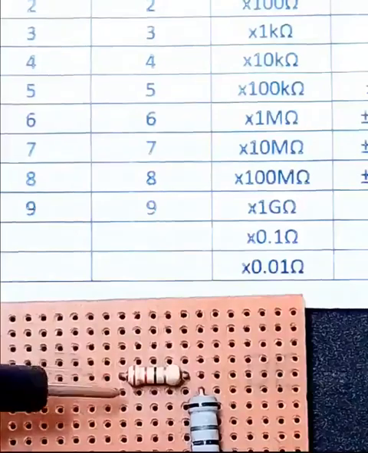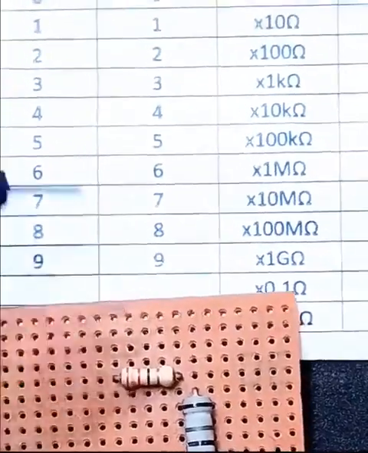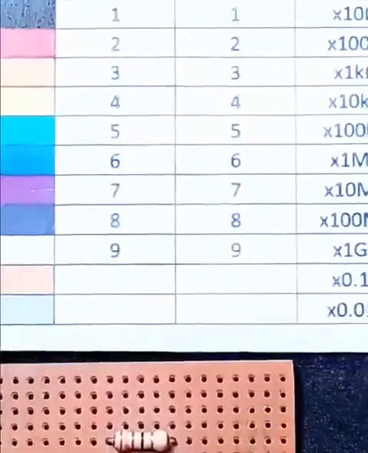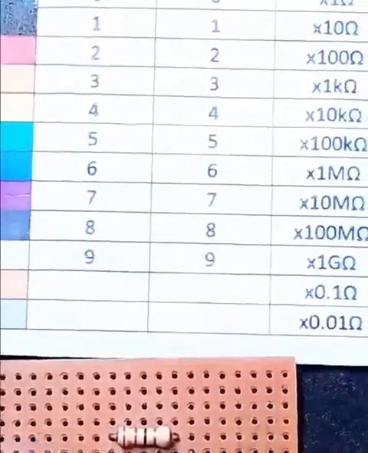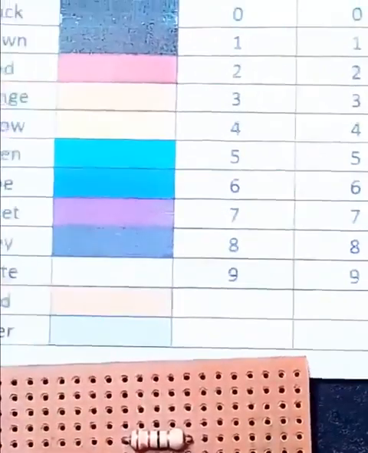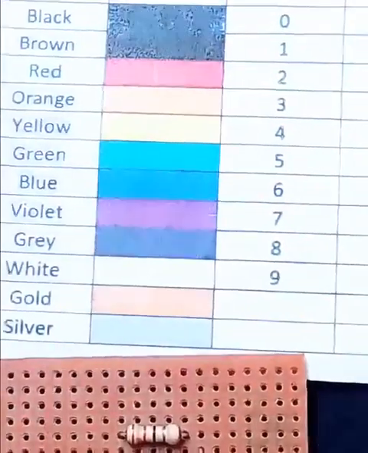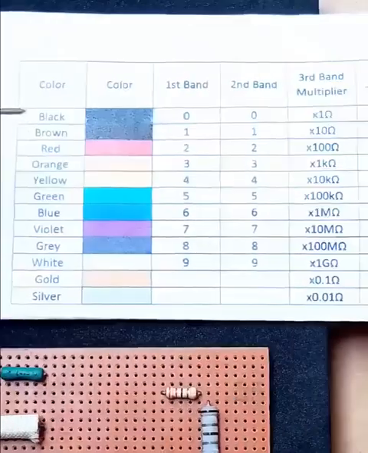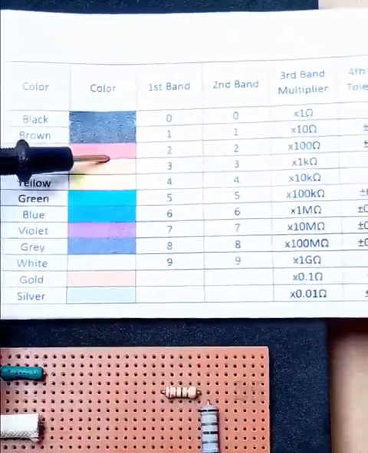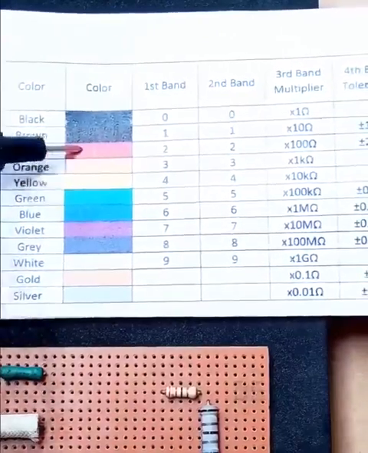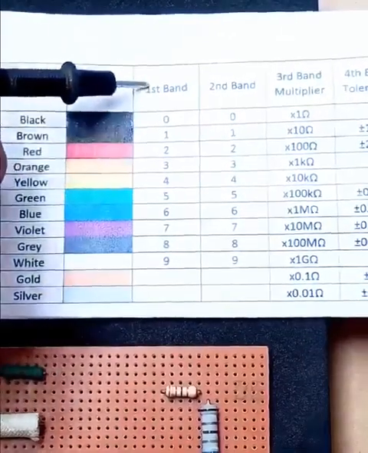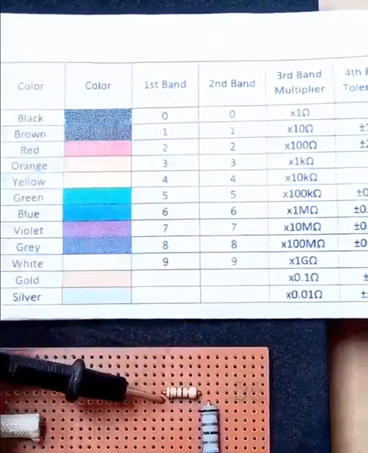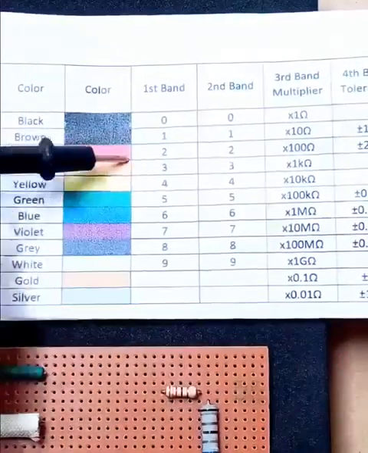The first band is red. And what is the value of red in the chart? The value of red with reference to the first band marked here is 2.